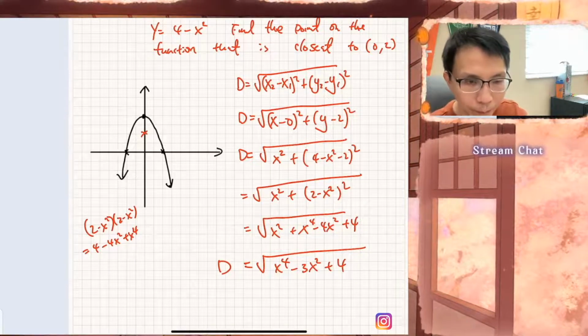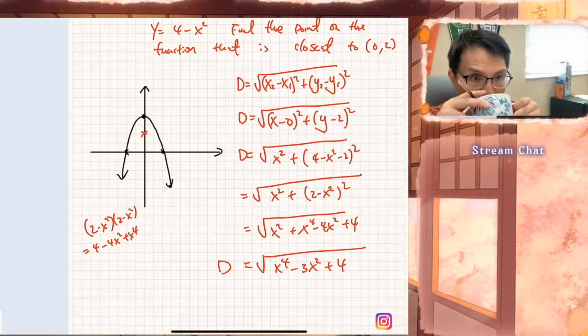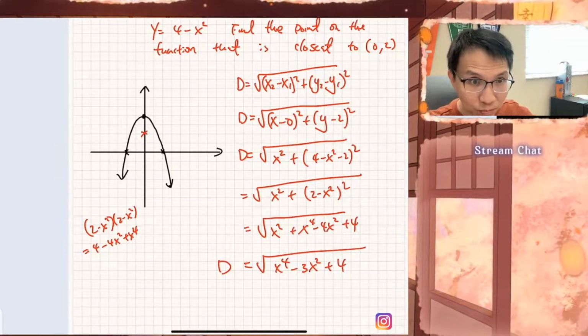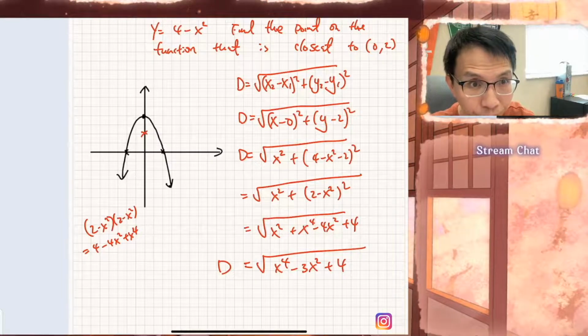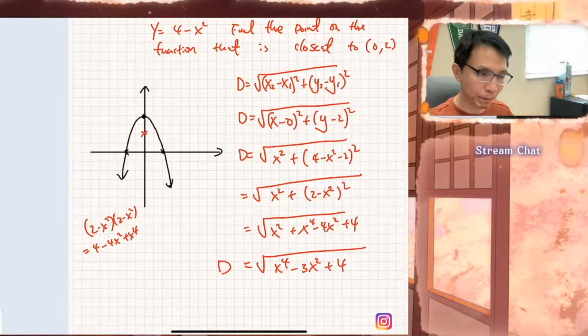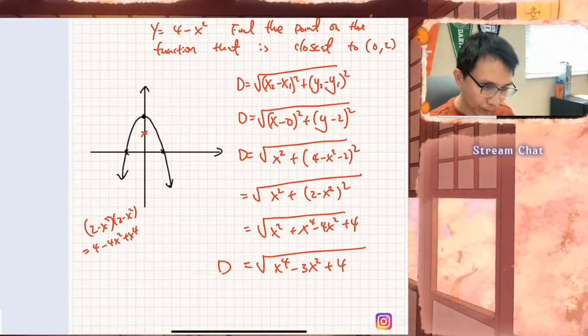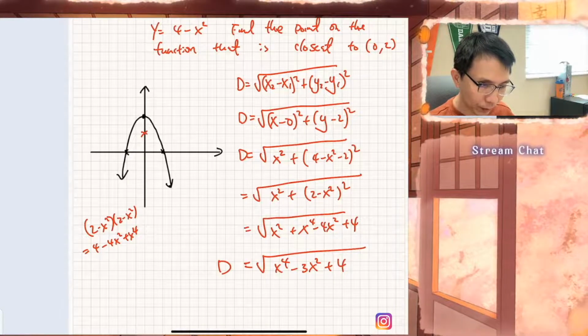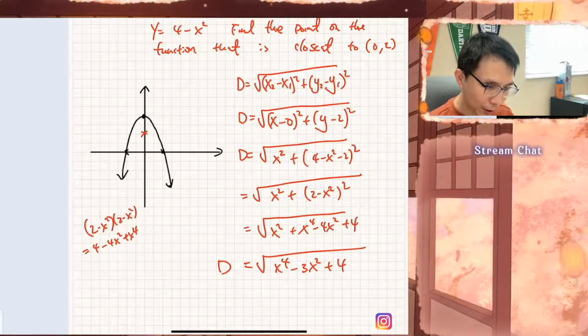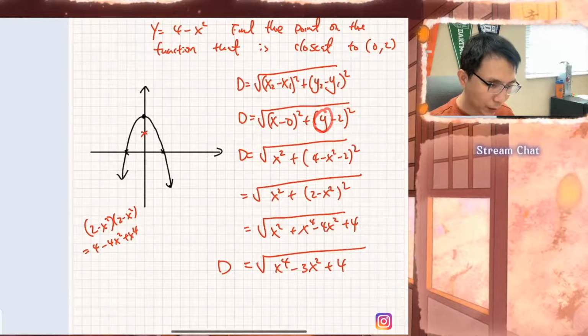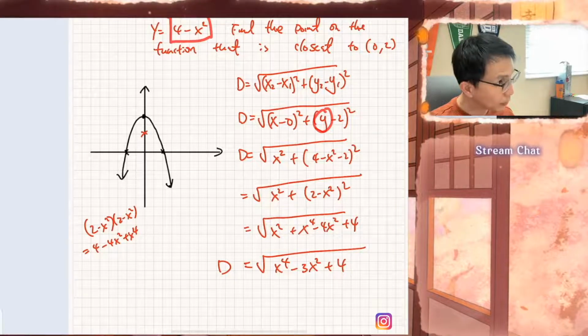Yes, Dashan? Wait, why is it x instead of y in the parentheses? Which one? Like y minus 2 squared, you put x squared? Yeah, because this is y, right? I replace this y with this. Oh, okay.